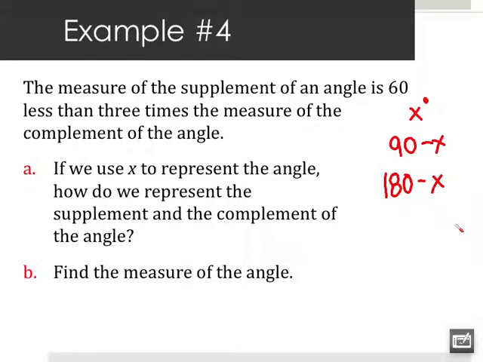Okay, if you remember this, or understand this, which is more important, these problems are easy, because all you need to do is literally write down exactly what it says. I'll show you. The measure of the supplement of an angle. How do I express that?